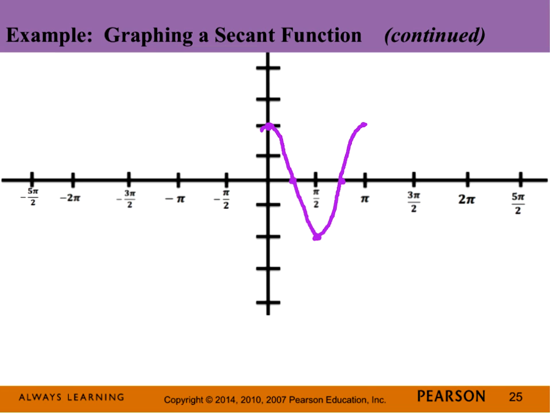I have some blanks up at the top of the page, and it says, note the x-intercepts of the sine. Oh, I'm sorry, that was the last page. I don't have anything else at the top of this page. Okay, so we do have vertical asymptotes that live at the x-intercepts of the cosine function.